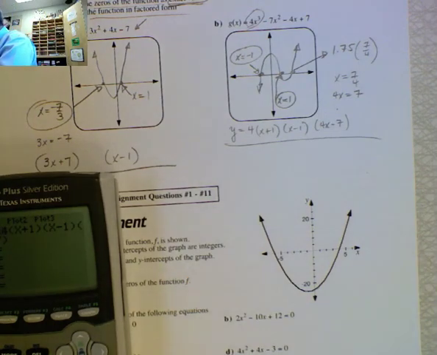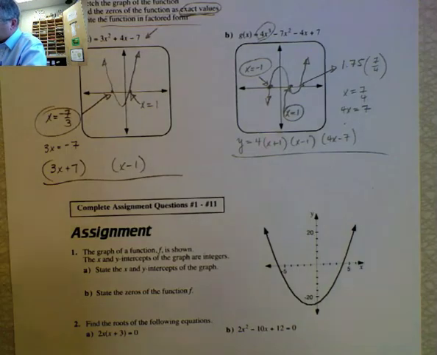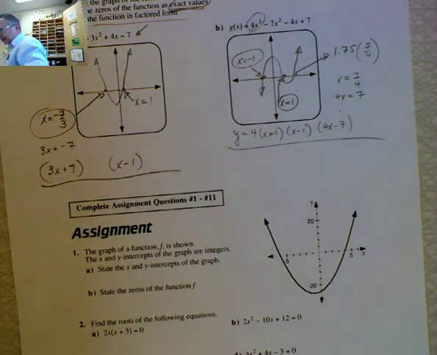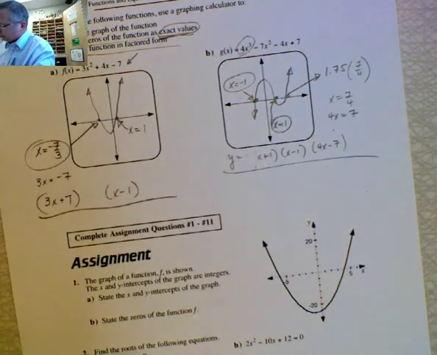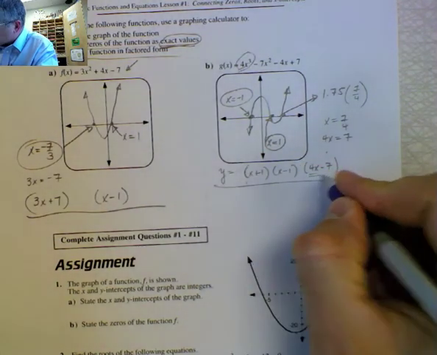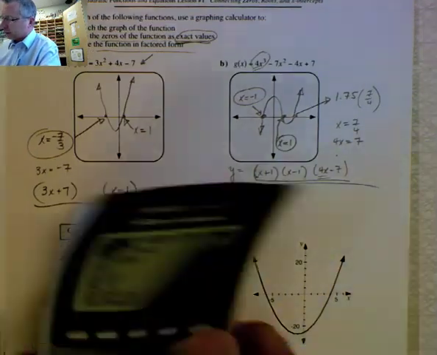Let's see. Oh no, I'm wrong. This shouldn't have a 4 in front of it. These are just our factors right there, because the 4 is actually included in this particular factor right there. So we don't need that 4. In fact, this is our equation.